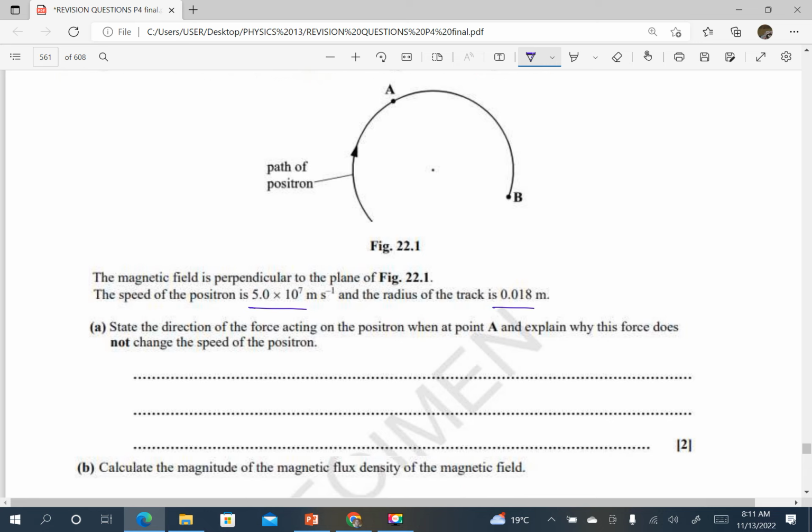Of course, we know that the magnetic force is constant in magnitude and always normal or perpendicular to the direction of motion. The force always acts towards the center.